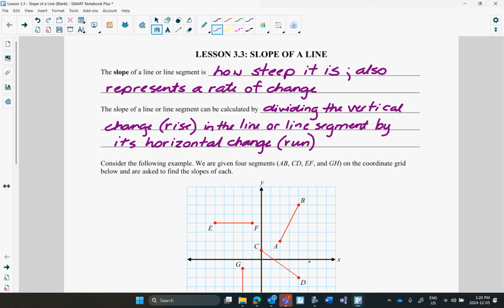So we look at slope as rise over run. How much does a line rise compared to how much does it run?